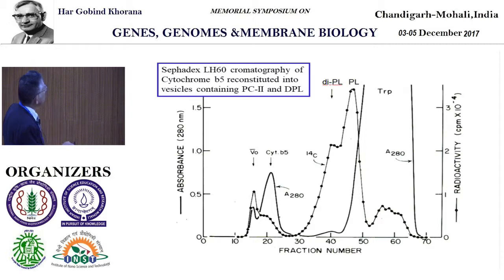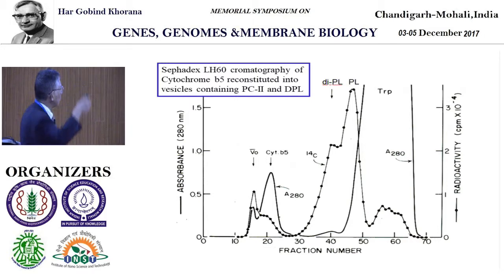So I did the cross-linking using these conditions, and just to make sure, I added tryptophan at 25 millimolar into the solution too, to avoid tryptophan damage. This is a gel permeation chromatography: phospholipid monomer, phospholipid dimer, cross-linked cytochrome B5, but cytochrome B5 also got oligomerized, likely at the hydrophilic portion having a heme inside.